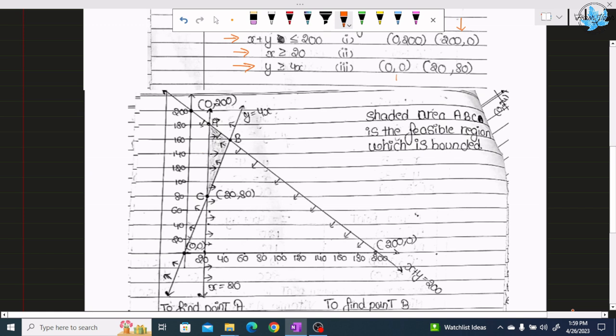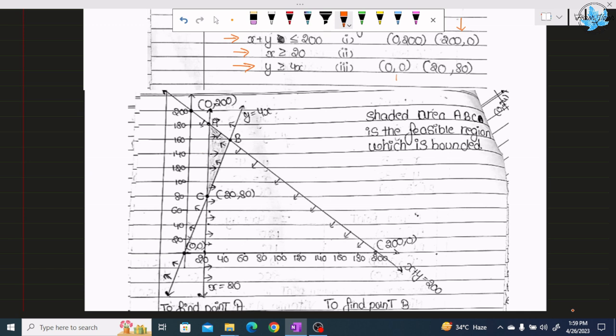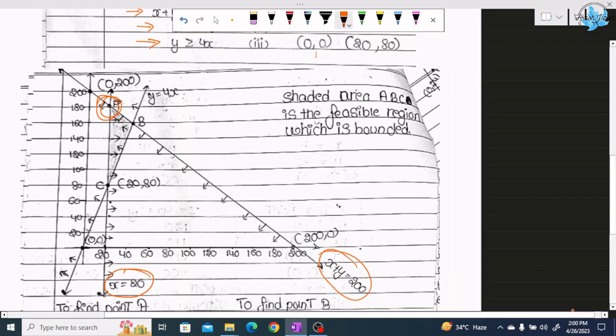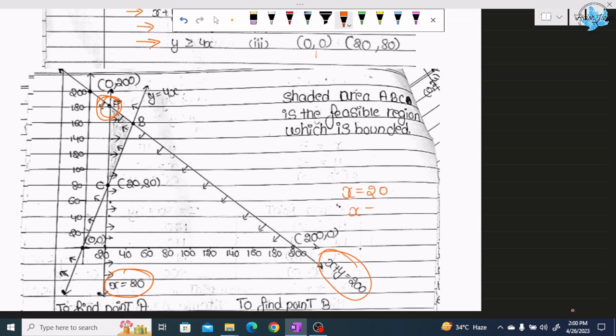Now we can see all the 3 points are on the intersection of two lines. So to find the A point, we will consider the equations of the two lines which are intersecting. The first equation is x equals 20 and the second equation is x plus y equals 200.